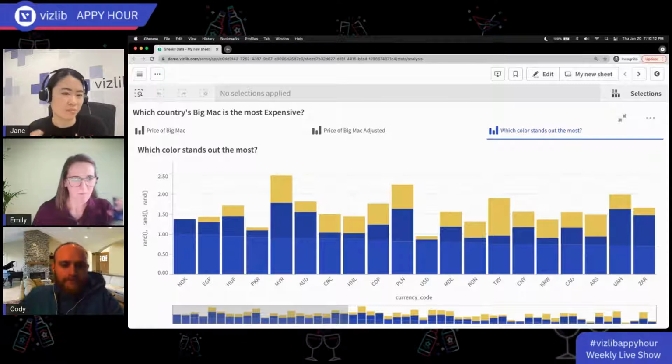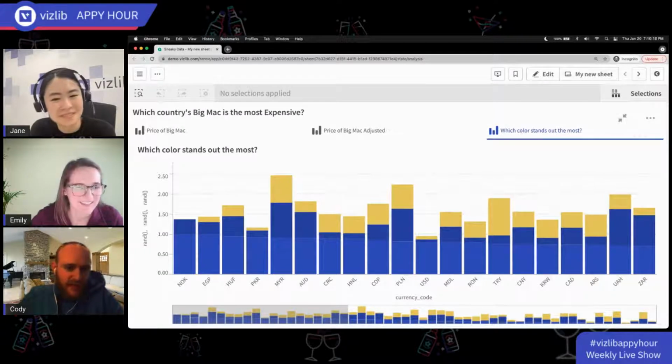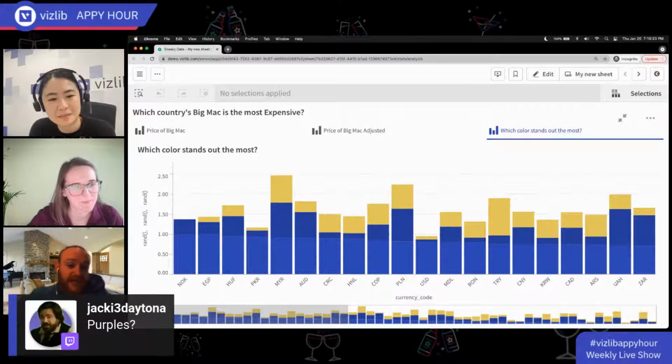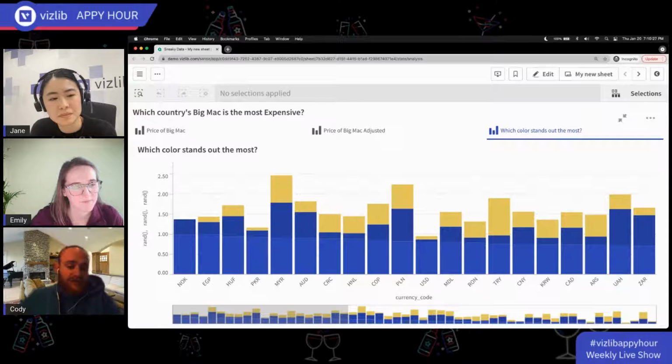Like one can be dark blue/purple, one can be light, and I agree with Emily. Yeah, I was going to say that, and depending on what it is, you could also do not a stacked bar chart if they're not aggregating on top of each other. If they are actually independent of one another, you could do a side by side and have 3 bars side by side instead of stacked. Again, with the color as well, though. So definitely, I think color wins here as a way to change it.